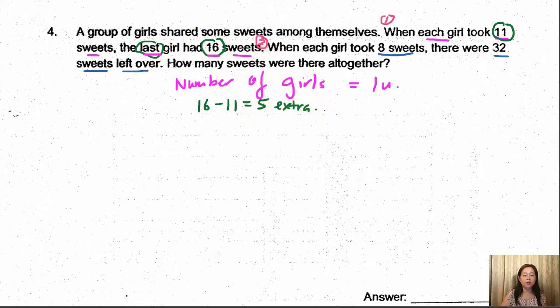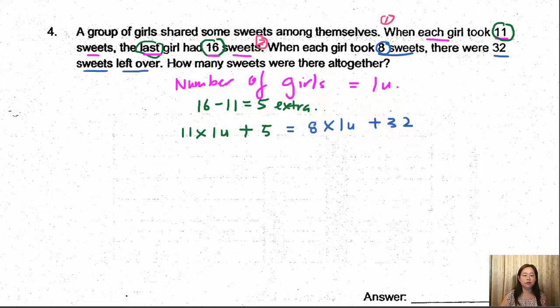So in order to find the number of sweets in the first scenario, it will be 11, which is the number of sweets for each girl, multiplied by 1 unit because it is the number of girls, plus 5. So let's look at the second scenario now, where if each girl received 8 sweets, there were 32 sweets left over. So 8 times 1 unit plus the 32 sweets.